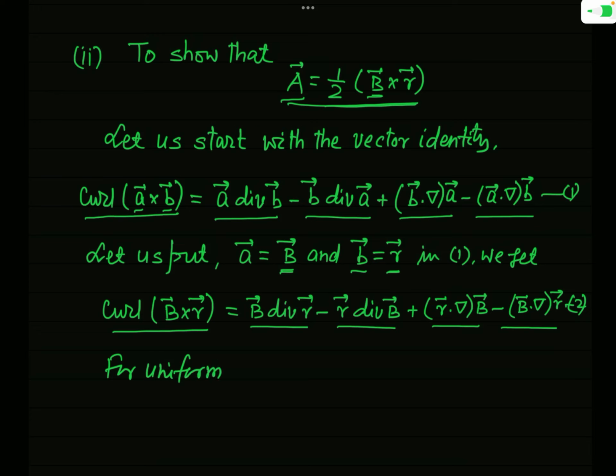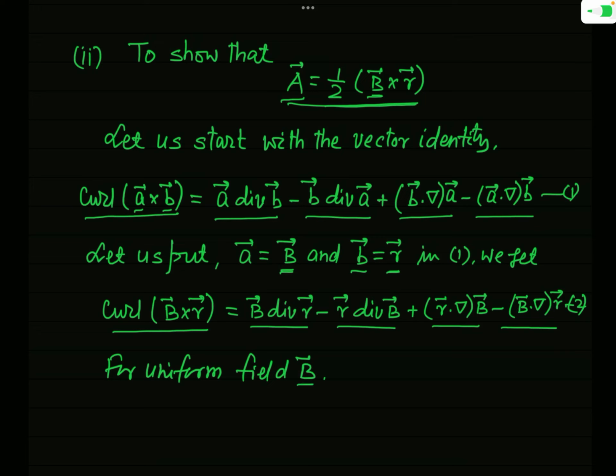uniform magnetic field B. Uniform means constant. You know that the divergence of a constant vector is always 0. Not only divergence, but gradient of a constant scalar, divergence of a constant vector, curl of a constant vector, all these are 0.